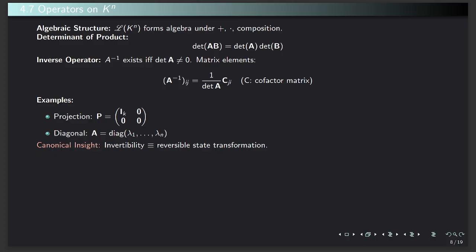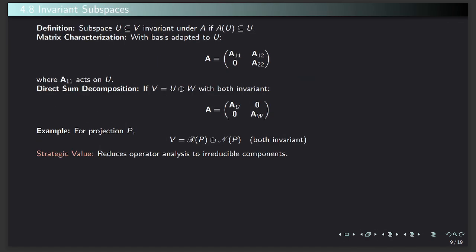The matrix of the inverse operator can be constructed explicitly using the cofactor matrix, where the ijth element of A inverse is the jith element of the cofactor matrix, scaled by the reciprocal of the determinant. This formula provides an explicit means to reverse a state transformation.